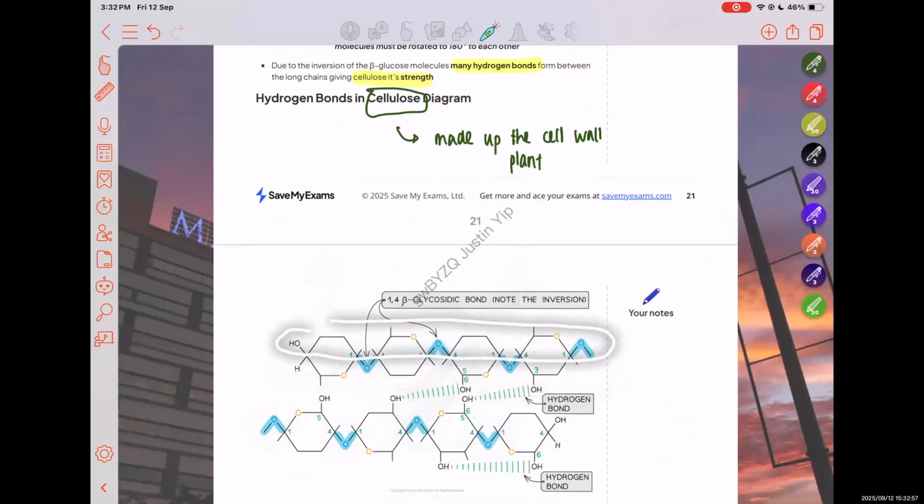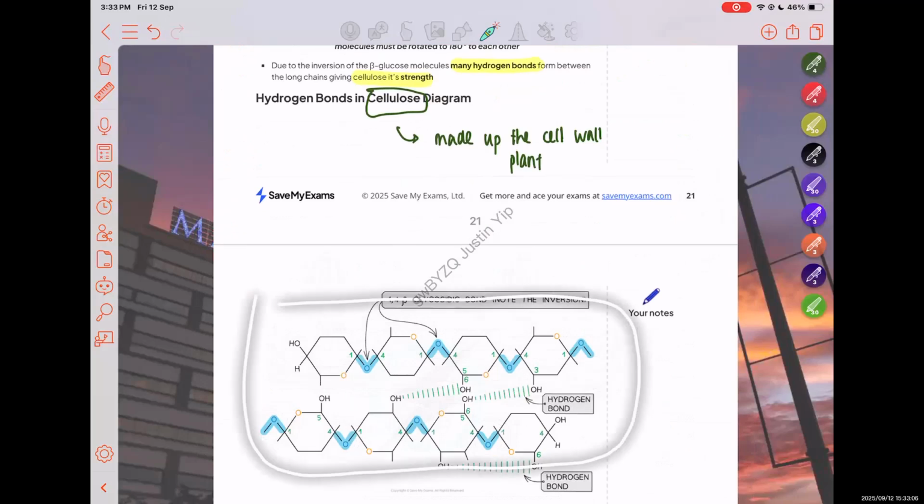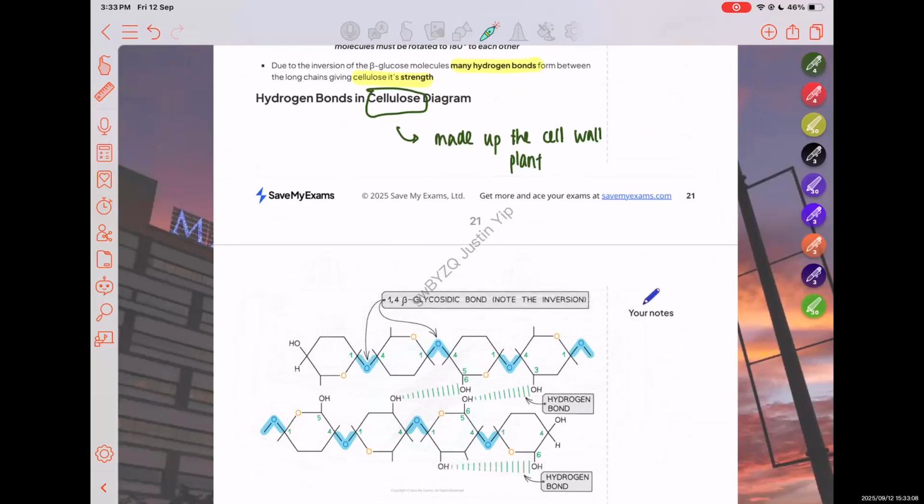You can imagine your phone: normally we go for one screen protector, but cellulose is like they got two screen protectors. So this causes them to be stronger. So this one is our example.